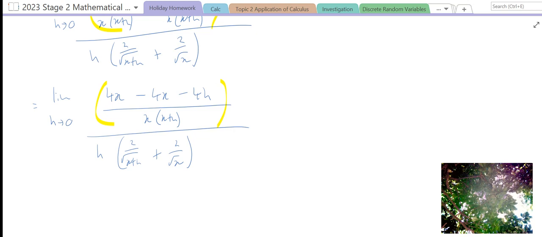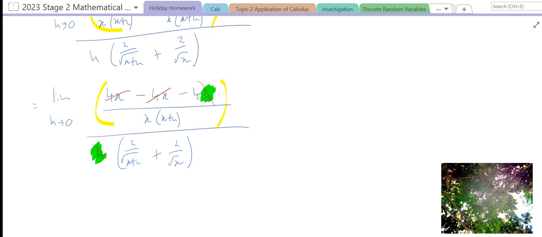All right, now on the top, clearly, there you go, because 4x is nothing. Now, what's nice is that h, I hope you see my cursor hovering, that h is a factor of the top and can be cancelled with h on the bottom.